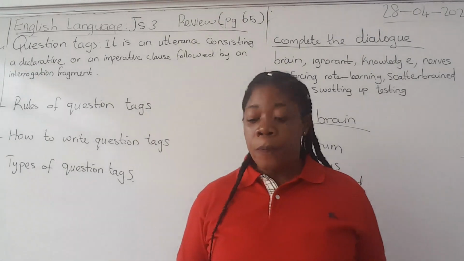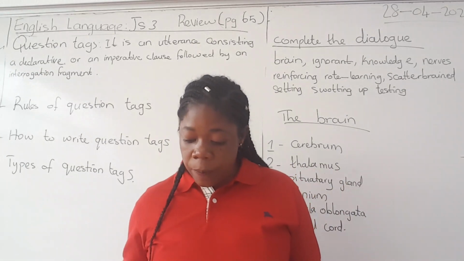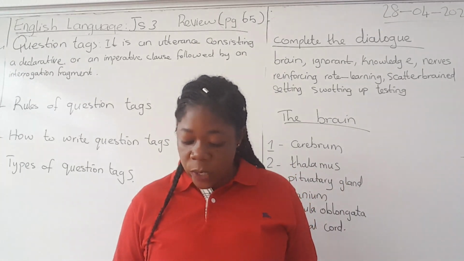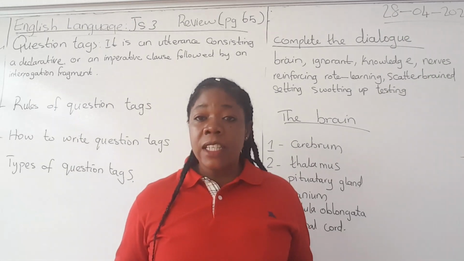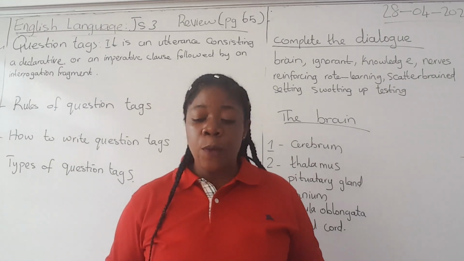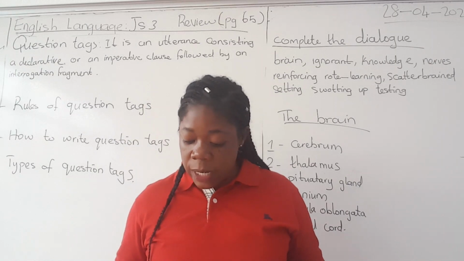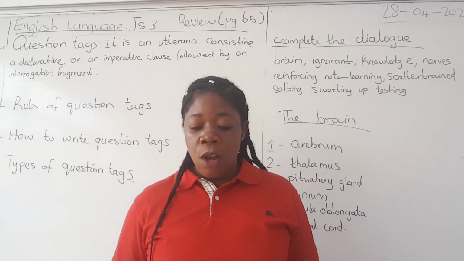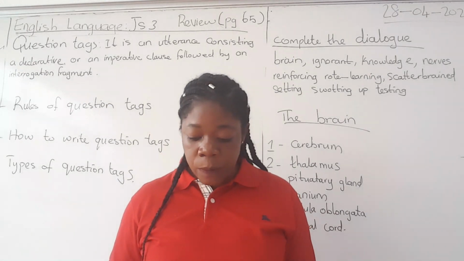That's what we saw during our lesson. And we said there are types of question tags. We saw negative question tags, positive question tags, question tags with auxiliary verbs, and also question tags without auxiliary verbs.